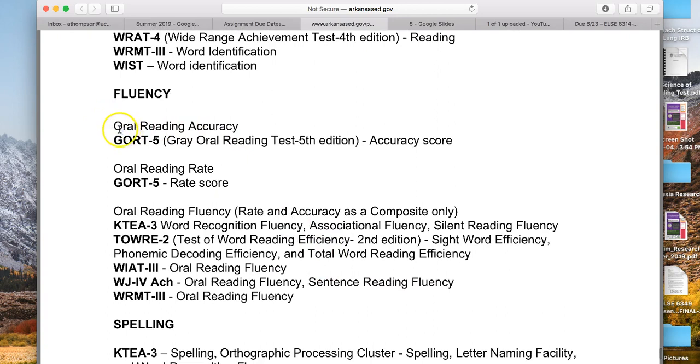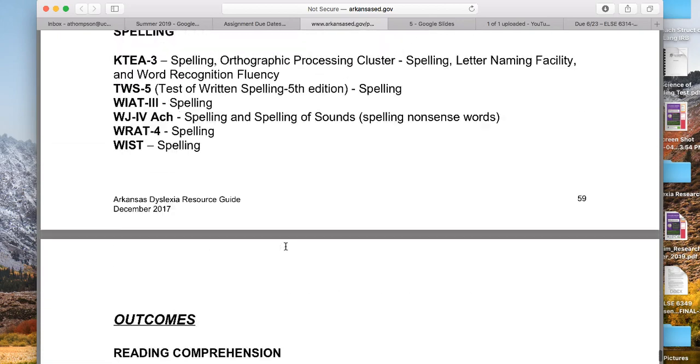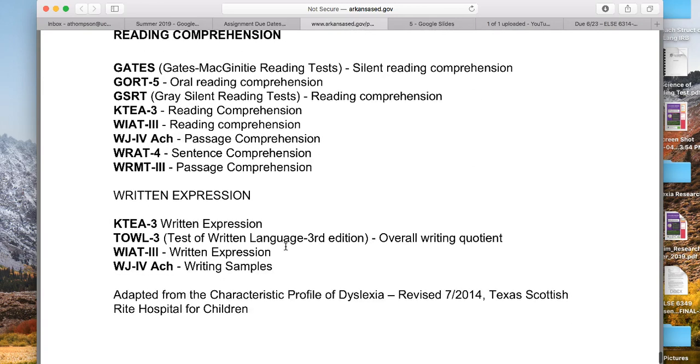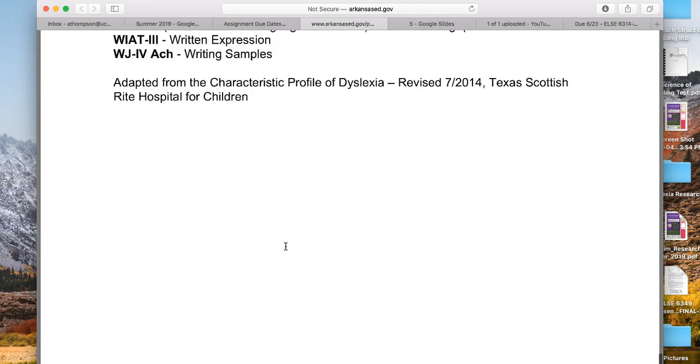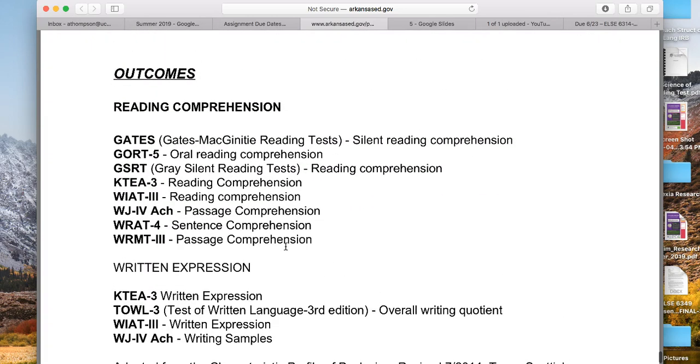We are not doing these 2 pieces yet, but we will get the oral reading fluency through the Tower. That's what we're using it for. And we won't have spelling or any of the outcomes. So we're just going to get a couple of areas checked off here.